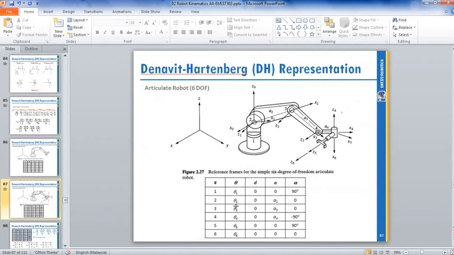Then joint 3 to 4, frame 3 to frame 4. So we see which direction is Z3. This is Z3. Where is Z4? Z4 is vertical. So from horizontal to vertical. That means they have a rotation. It's not rotation by a motor, but rotation based on your mechanical design.